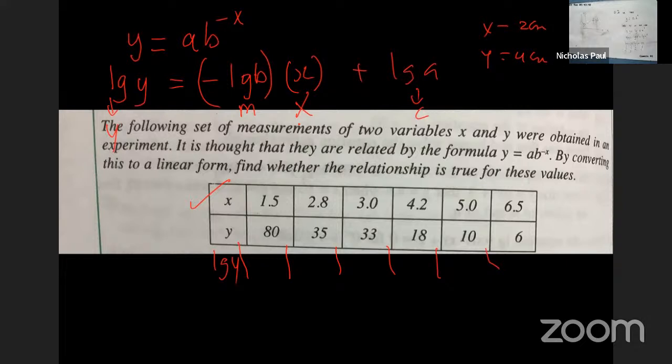Anybody online have a gradient as yet? Well, remember the gradient is negative. 0.6, yeah, sounding good.